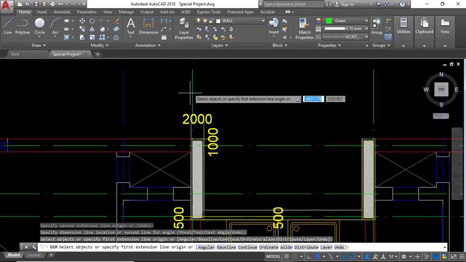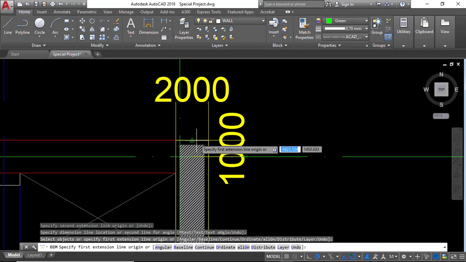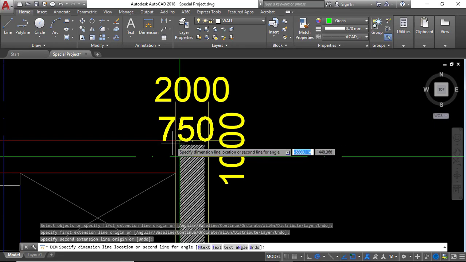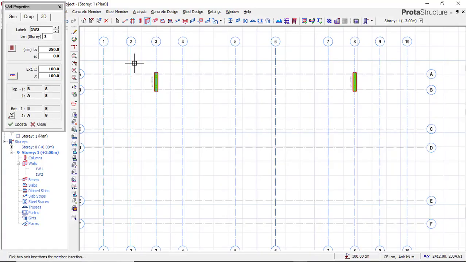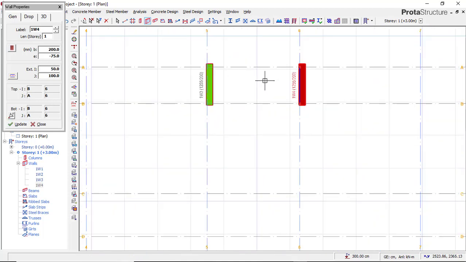And as you can see, the axis is not on the center of this wall, so it has an x eccentricity of minus 7.5 centimeters. Wall 6B will be exactly the same, except the x eccentricity is going to be positive 7.5 centimeters or 75 millimeters.